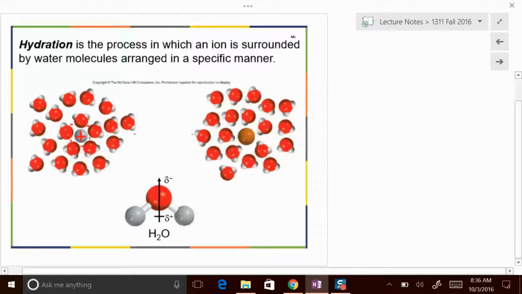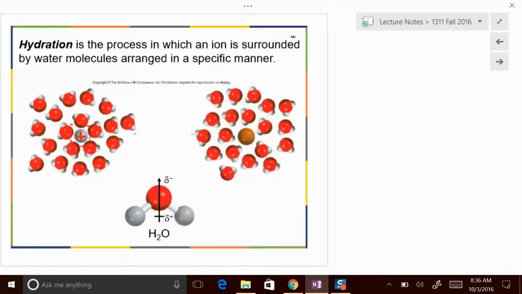And when you put that sodium and that chlorine into water, look what happens to that positive sodium. It gets surrounded by water molecules. It gets ripped apart from chlorine. Sodium and chloride have a strong attraction, an ionic bond. It's a very strong bond. But when you put it in water, boom, they get pulled apart.